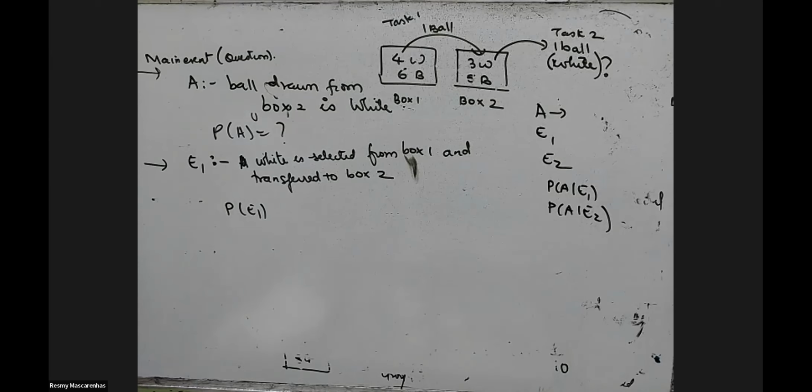So what will be P of E1? When I ask you to go pick a ball from box 1 and it has to be white, how many options do you have of picking white balls?